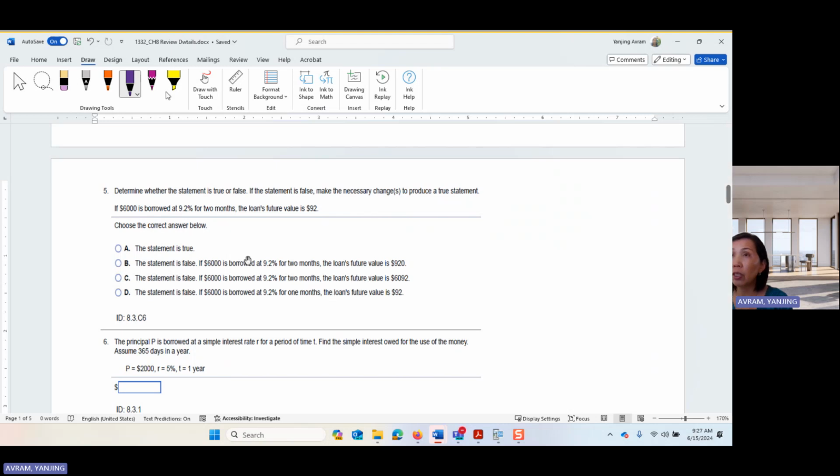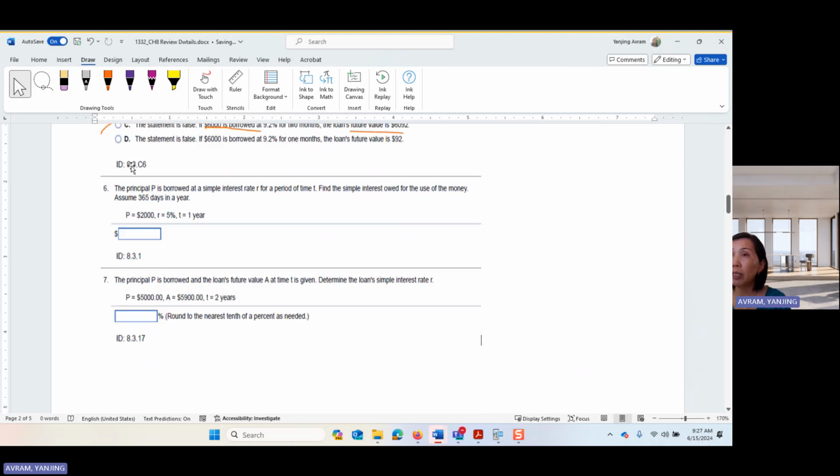So the only statement here that's possibly correct is C. The statement is false. If 6,000 is borrowed at 9.2% for 2 months, the future value should be greater than 6,000. That is the only one that is greater than 6,000, so I don't really need to calculate this one. I can answer this directly.